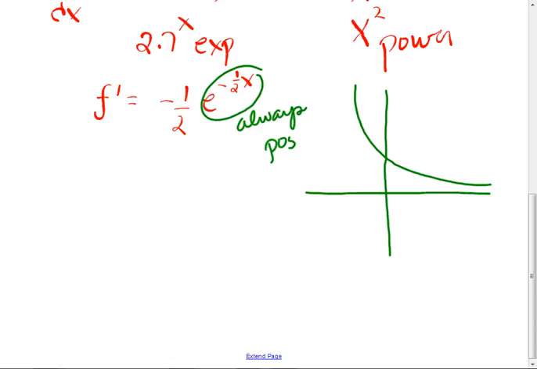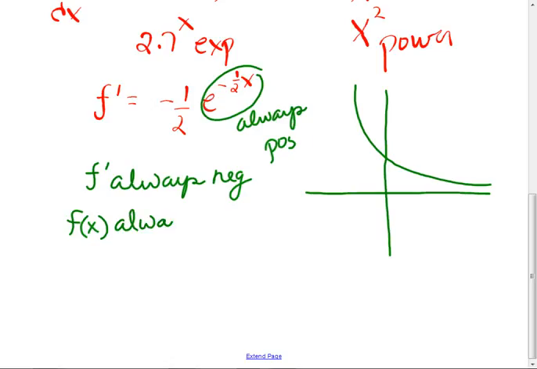Are you okay with that? Because it's always positive, what's true about f prime? In this case, it's a negative times a positive. It's always negative. Which means that what's true about f of x? It's always decreasing. No max. No min.